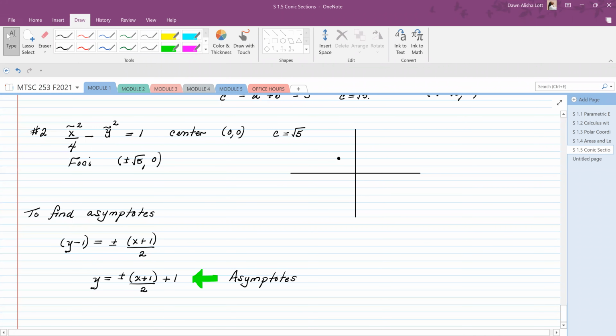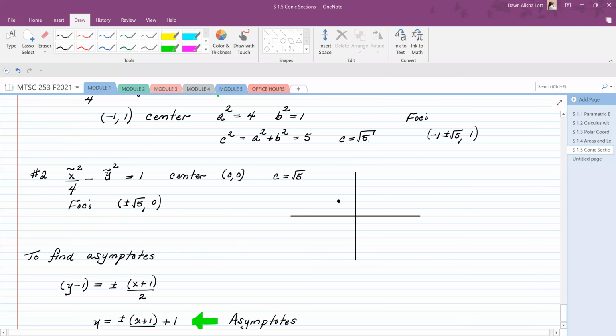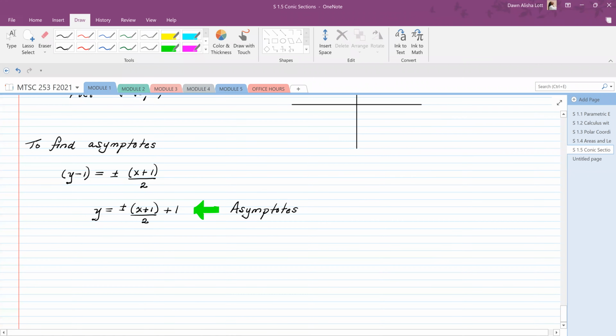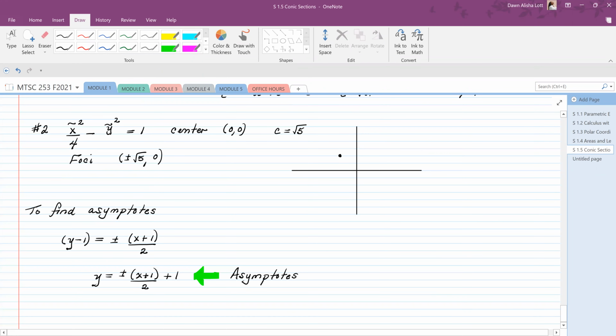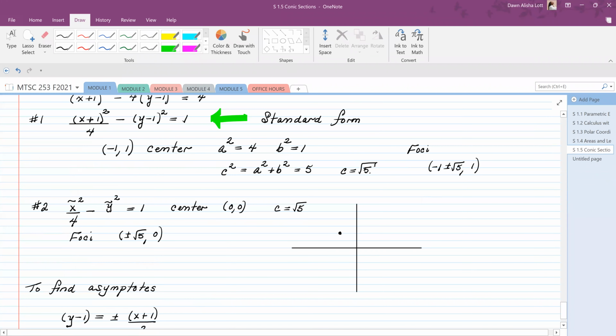Okay, so now if I wanted to graph this thing, let's think about this. It's actually not that difficult. So now we know that our center is minus 1, 1.